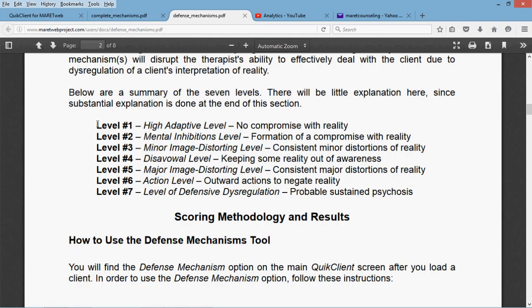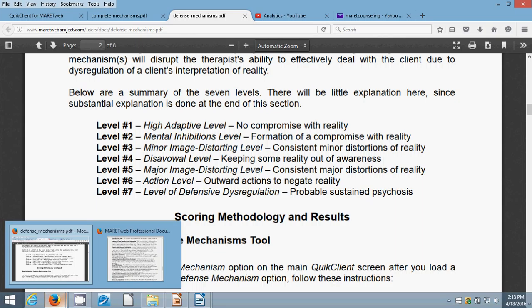This is probably sustained or at least regular bouts of psychosis, either brief reactive psychosis or a complete break with reality. This is kind of incremental from level 1 to level 7. Look over these and get a mental picture of what these 7 levels mean. This document's always available to you, so you can go here and review that if you need to.